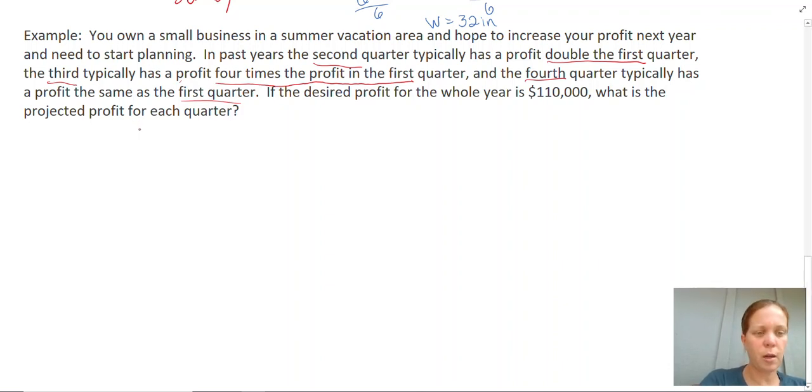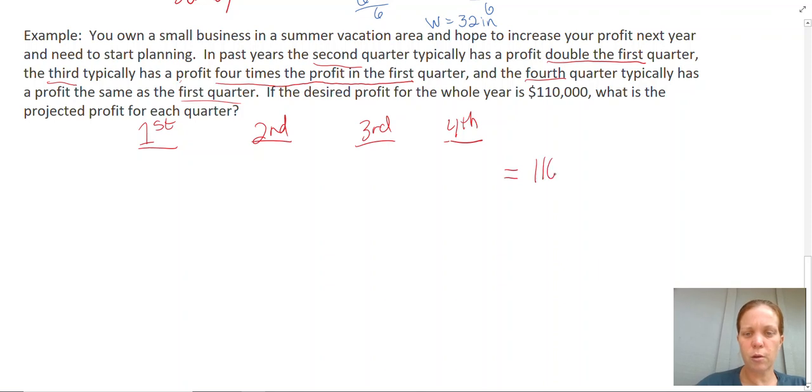Okay, so I'm going to label my parts. I've got my first quarter, my second, my third, and my fourth. So I'm going to make columns here and show that I want this to total up to $110,000. So in this case, there's 4 quarters. I need 4 parts to it, like 4 algebraic statements for each quarter.